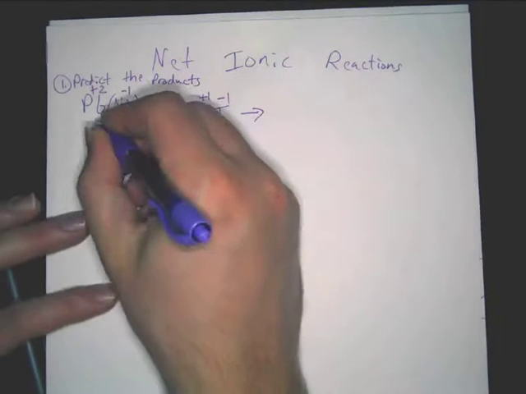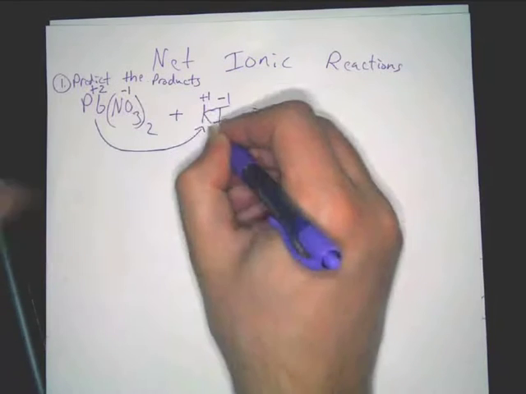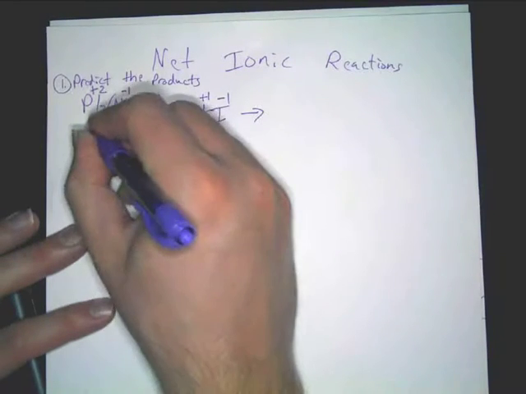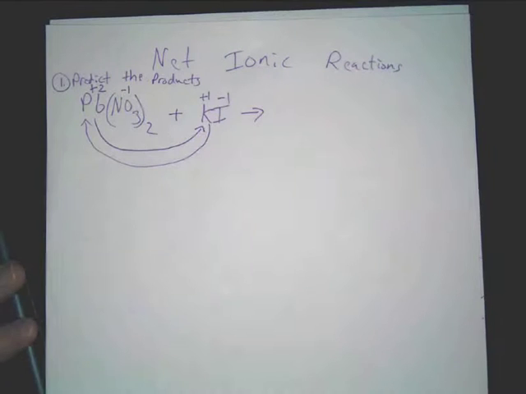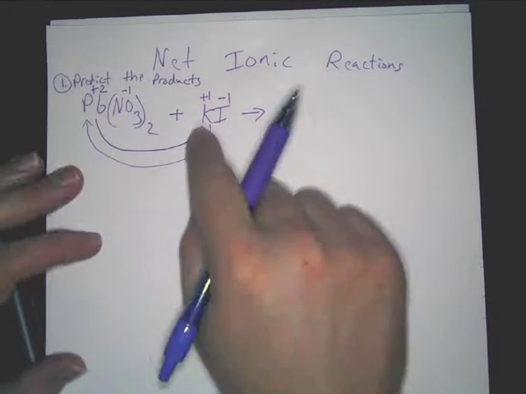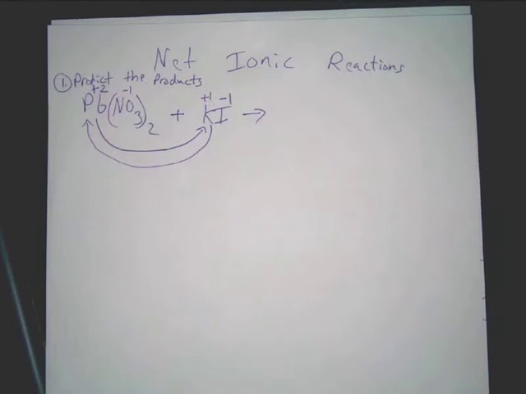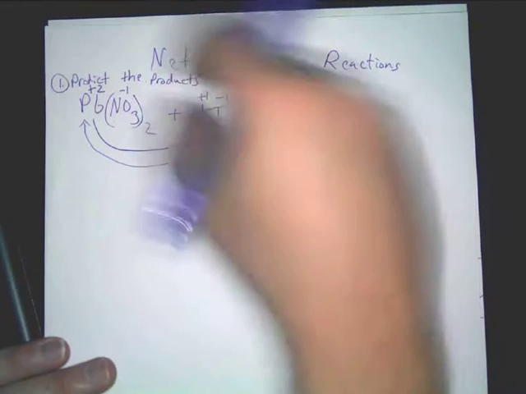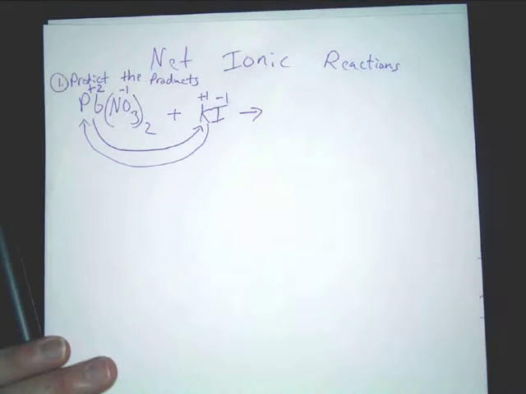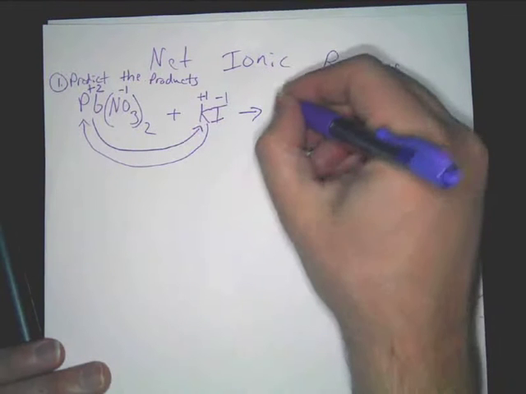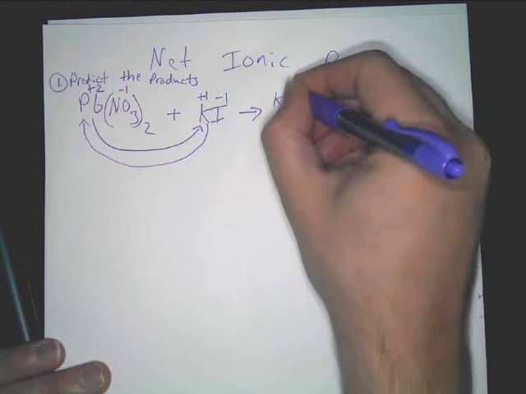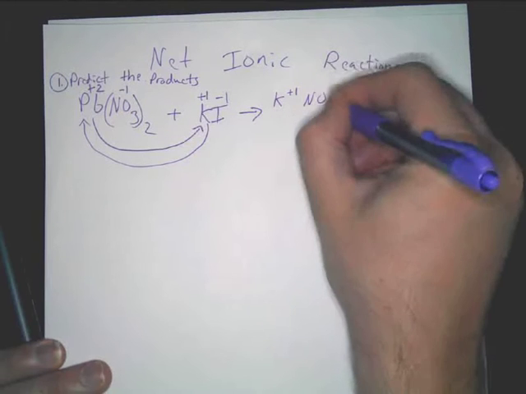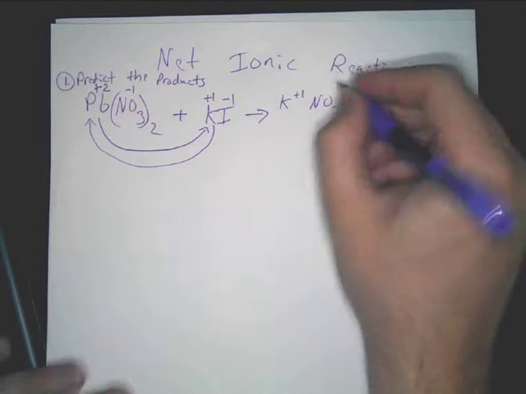Now, the positive, I always do positive. You can do negative if you want to be different. The positive will trade places. You're going to take the K and put it over there, and take the Pb and put it over there. So, when you do this, you will end up with K +1, NO3 is -1.